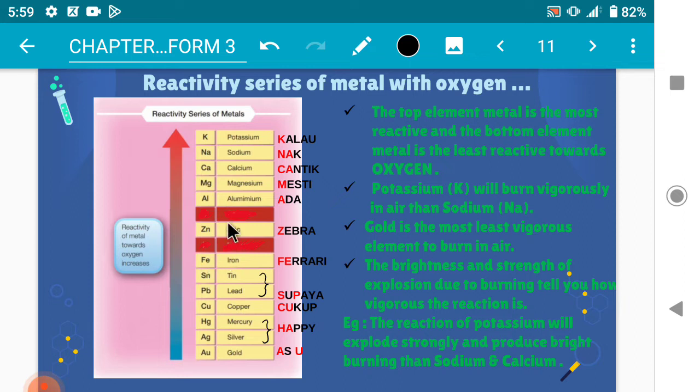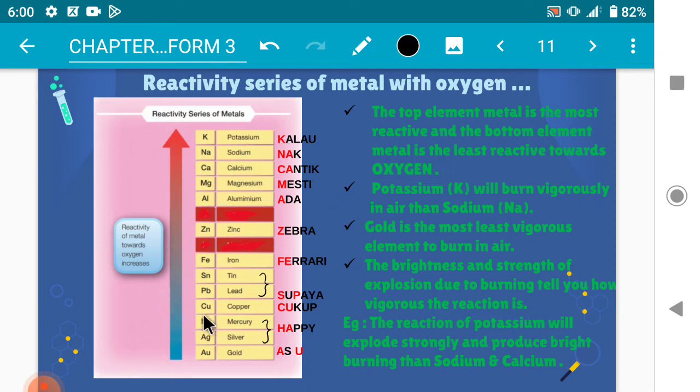I have closed off some of the elements here because they are not important for now. Later I will show you what I mean. For now, you need to remember K, Na, Ca, Mg, Al, Zn, Fe, and also the full names: potassium, sodium, calcium, magnesium, and aluminum.